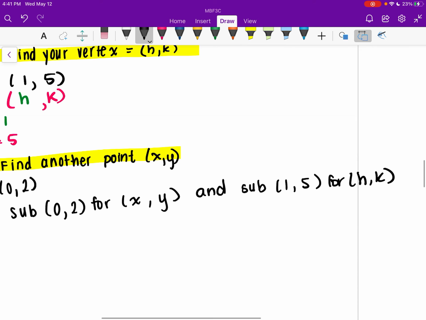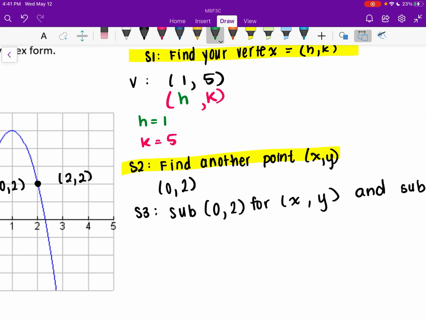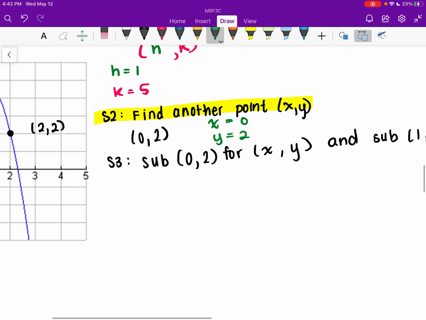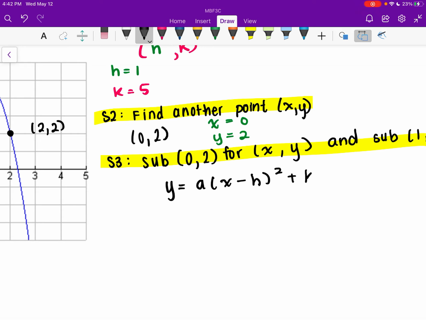So I'm basically going to say, okay, my x is equal to 0, my y is equal to 2, my h is equal to 1, and my k is equal to 5. And I'm just going to sub that into y equals a(x minus h) squared plus k. This is just a basic equation. Okay? So let's plug our numbers in.